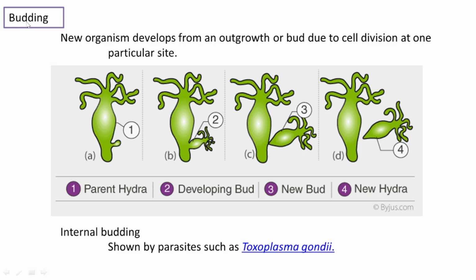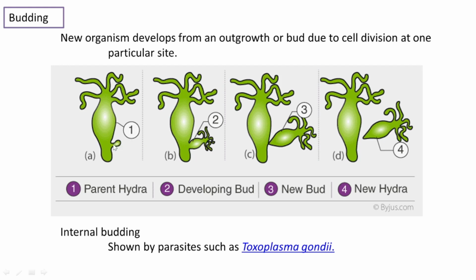Clear? Next is budding. Budding is another type of asexual reproduction in which a new organism develops in the form of an outgrowth or a bud. That bud forms due to cell division at one particular site. Here the picture shows a hydra, the parent hydra, and from its body a small bud forms first because of cell division at that point.